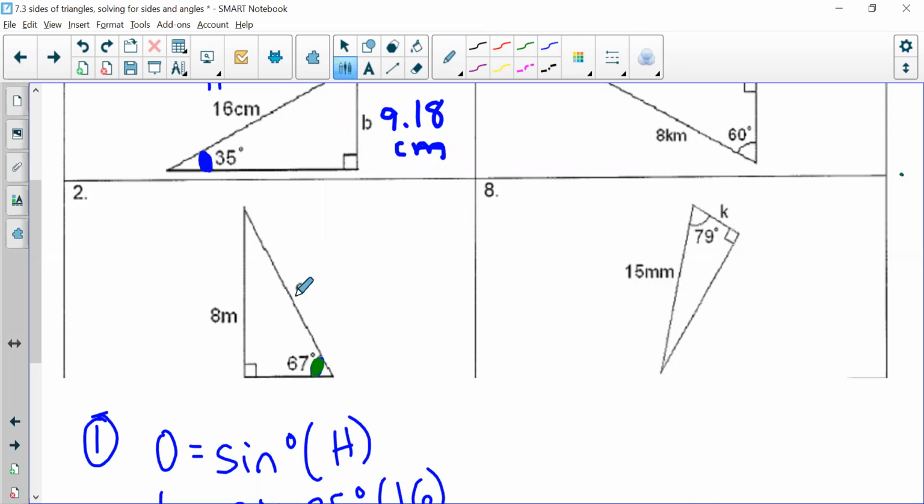Oh wait, sorry, that's number 8. H would be where the C is. Very good. And then O would be where the 8 is. And then the A would be where the other one isn't. Very good. So which one are we going to ignore? Which side has nothing written on it?